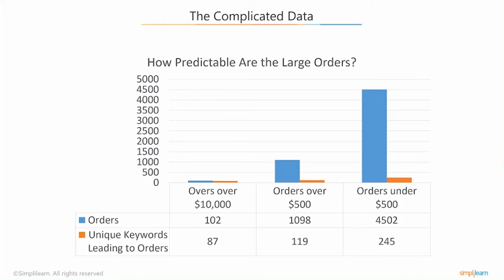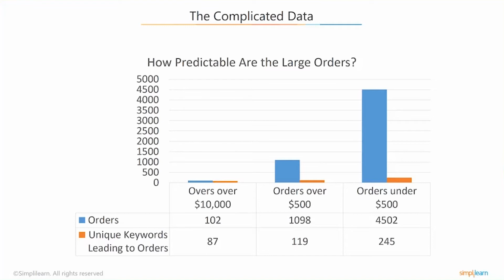Now, when they looked at it, though, what happened is, look at how predictable are your sales. So in their case, of those 10,000 orders, they had 102 that came from 87 different keywords. In other words, rarely did a keyword get 2 large orders. And if it did, it probably didn't the following month.